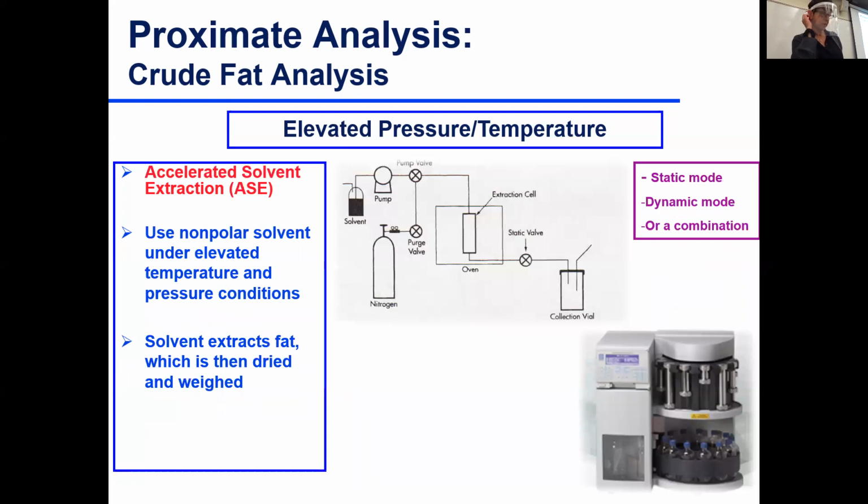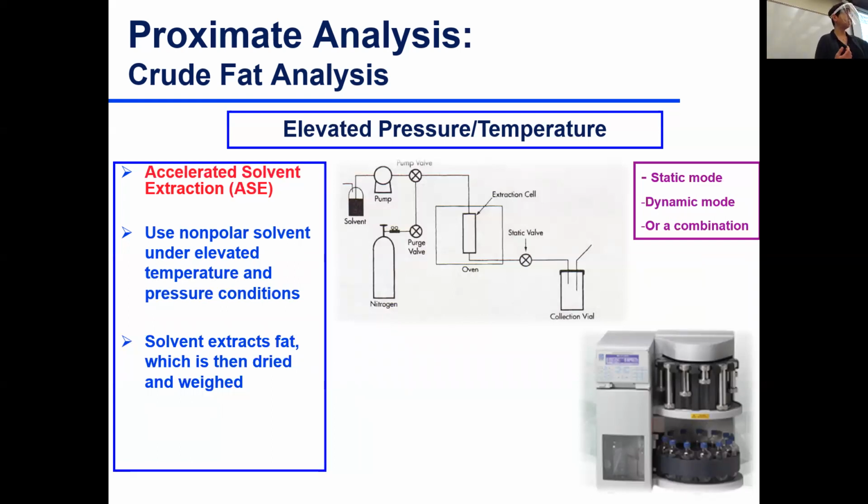Another method that uses elevated pressure and temperature is accelerated solvent extraction. Here we don't use CO2, we use regular organic solvent. You have your regular solvent, it gets pumped, and it goes into a chamber where the pressure is increased. So the boiling point of that solvent is now higher.